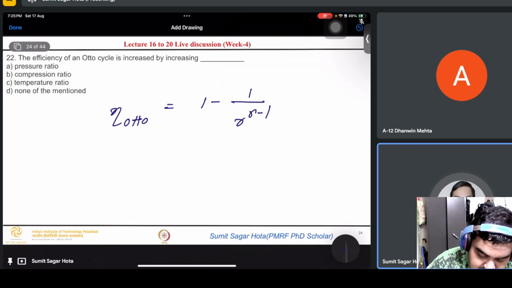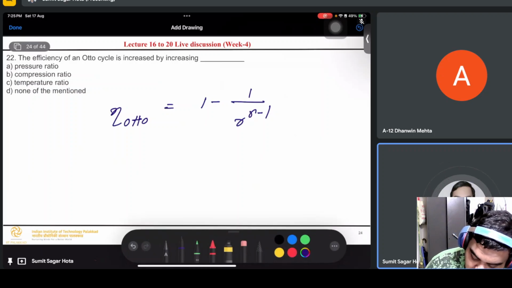So we have to increase something. There are two quantities, gamma and r. But in the options there is no gamma concept. So if you don't want to do anything, directly choose the answer compression ratio, no need to think anything. But still I will show you the procedure.